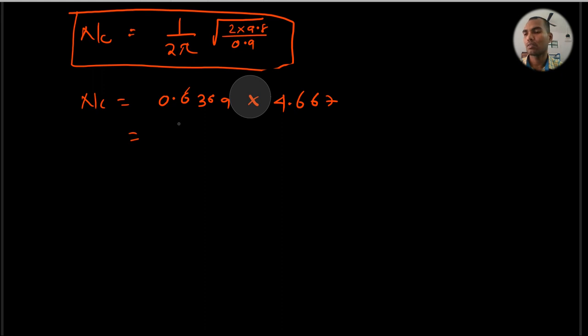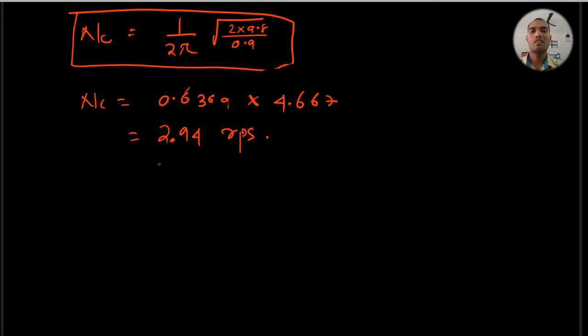So NC is equal to 2.94 RPS, which is 2.94 revolutions per second.